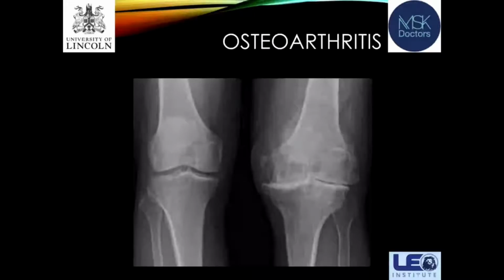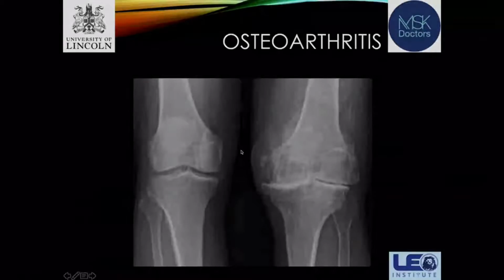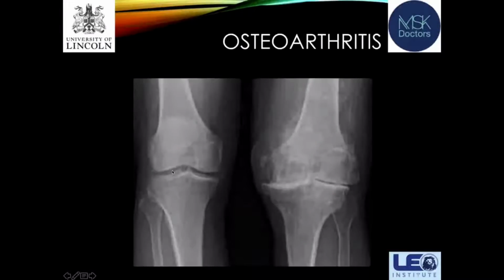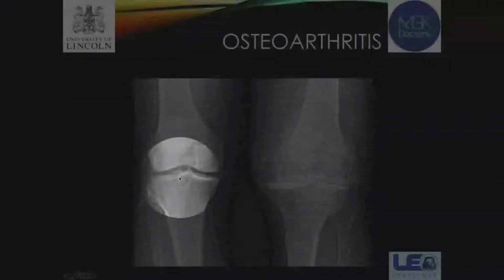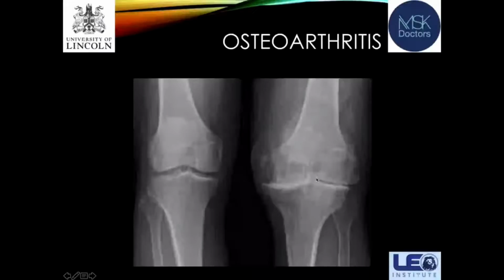And you can see some of these x-rays here. There are two knees side by side, and there's a normal x-ray on the right, which is the right knee, and then the abnormal one, which is the left knee. So you can see on the x-ray there are some features. The first one is narrowing of the joint space, and you can see this clear difference between them.